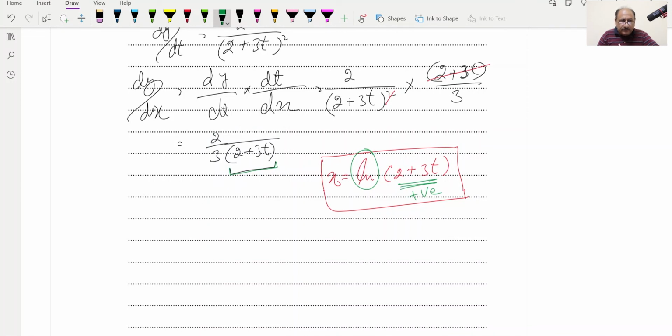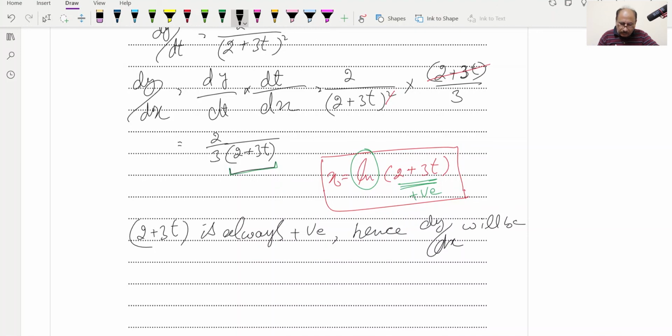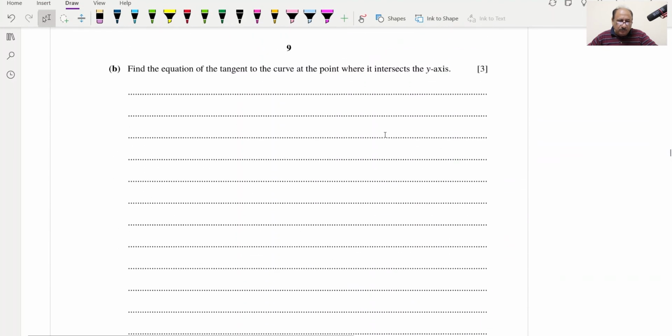So we will write: hence 2 plus 3t is always positive, hence dy by dx will be always positive. Hopefully you understood this. Now we can move to B part.